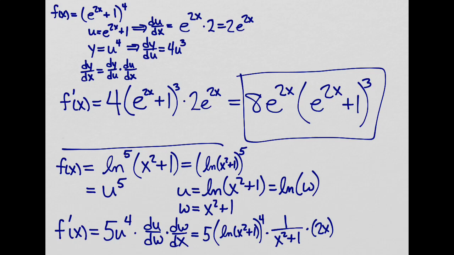If I combine some of those terms, 5 times 2x is 10x over x squared plus 1. I get the logarithm, that's now the fourth power of x squared plus 1, and sorry, it didn't quite fit, but it's close. This is the basic idea of how the chain rule allows us to do our calculations.